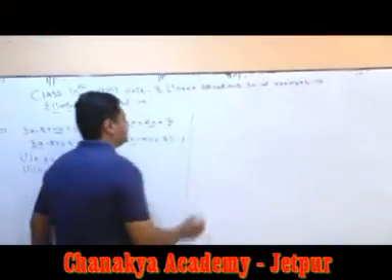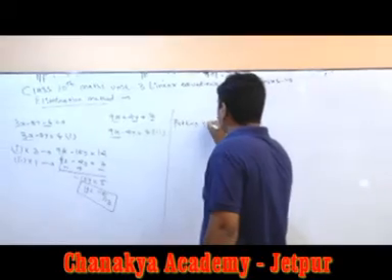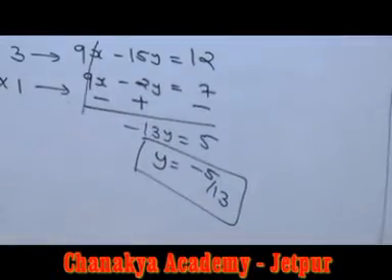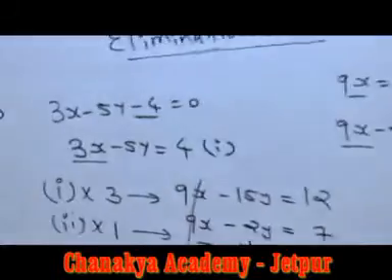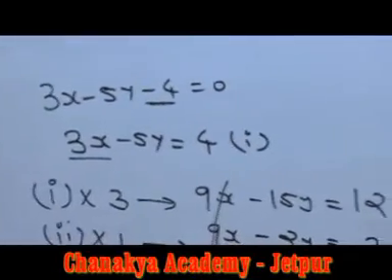Okay, now putting y equal to minus 5 by 13 in equation number 1, we get, okay, 3x minus 5y equal to 4.